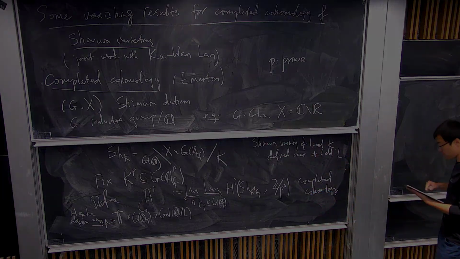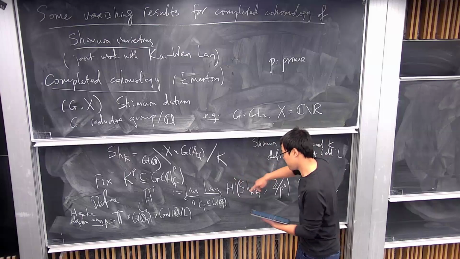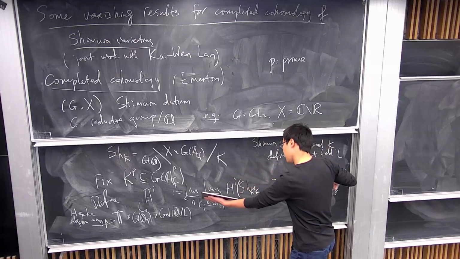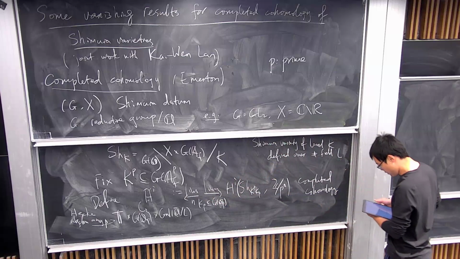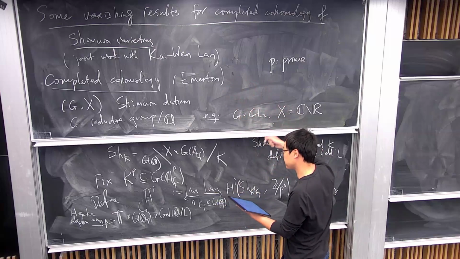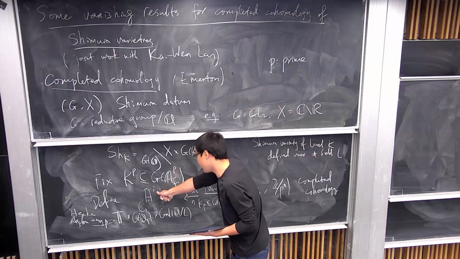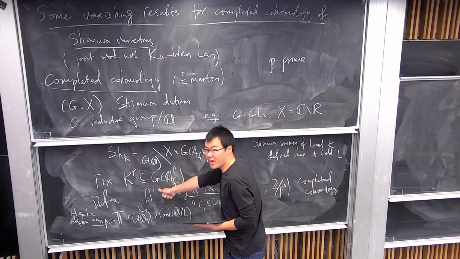So, as I mentioned, we expect this is some kind of space of automorphic forms. But as you see, really for each degree I get such a space.